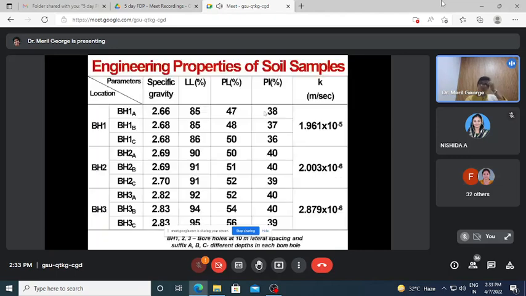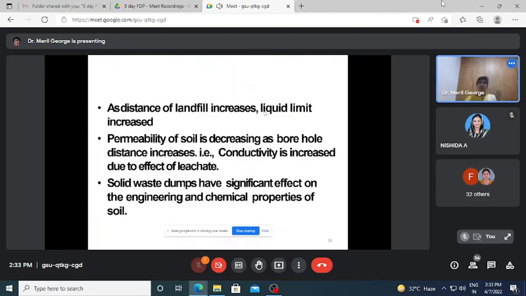From the results obtained, we can see that as the distance from the landfill increases, the chemical concentrations are getting reduced and the liquid limit is getting increased. When we consider the hydraulic permeability of the soil, it is getting decreased as the borehole distance increases.